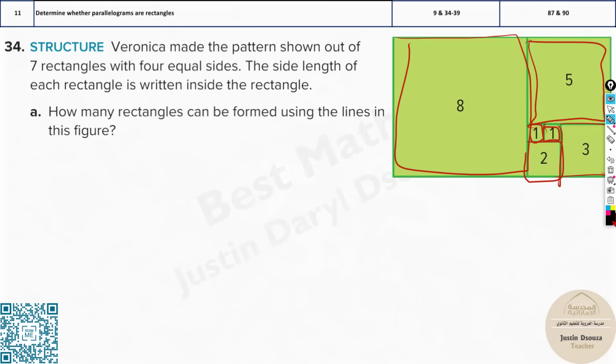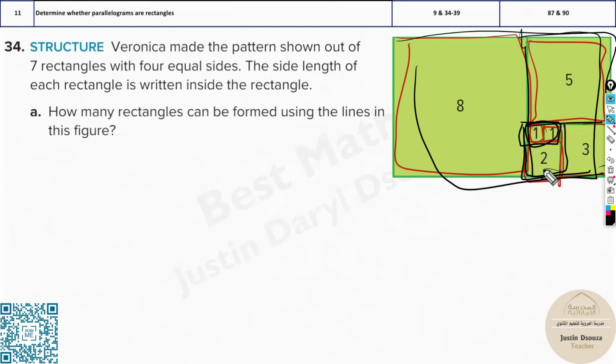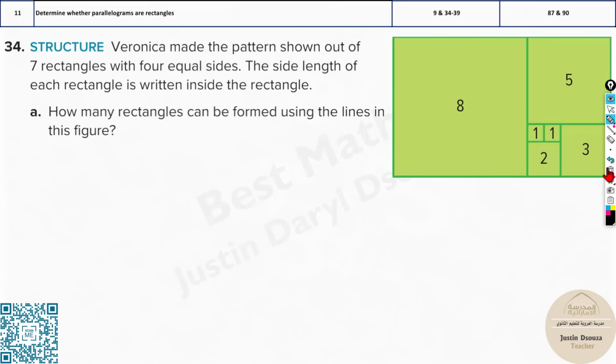From here we can do this one, that is 7, and then we can add these to 7, 8, and this one also 9, this one as well, okay, outer one 10, and the whole thing 11. Only those, I believe.